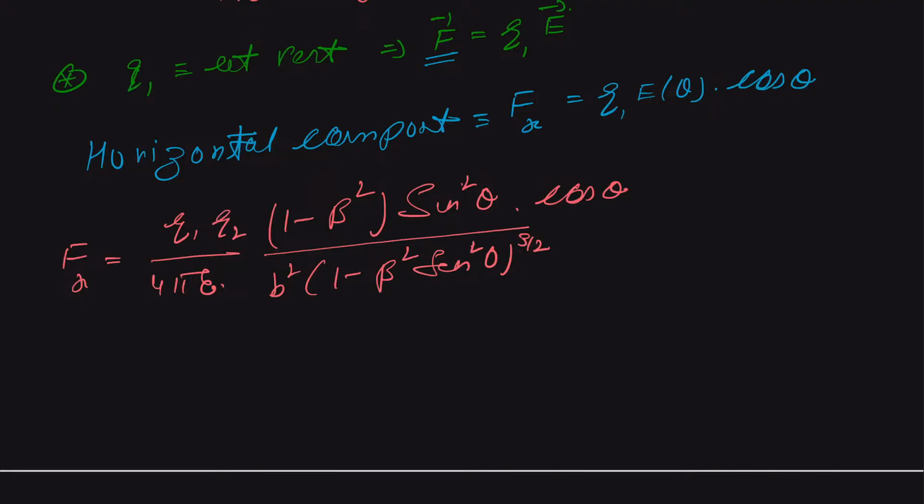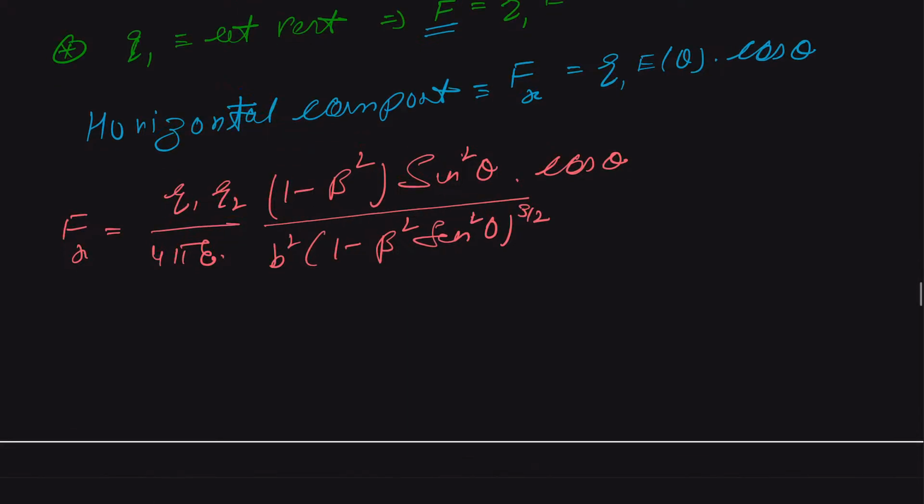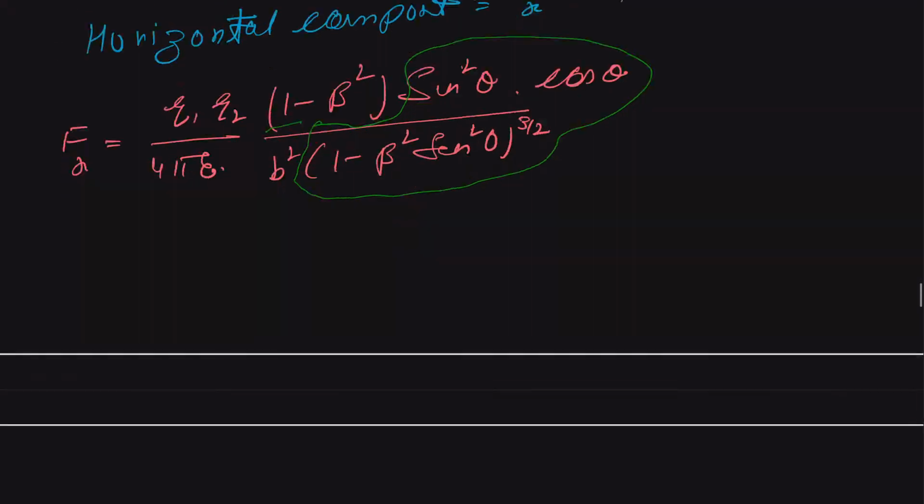So we have to maximize this particular thing. In this case, we are mainly interested only in this part, because the rest of the things are constant. So we can denote this by another variable. Let us call this f of theta.